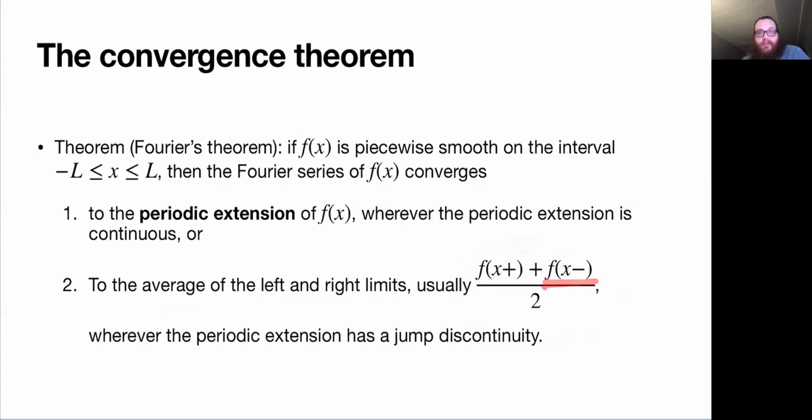This is the left limit, you're approaching x from below. And then you're taking the average of those two values. So this is a theorem. Generally, wherever your function is continuous, the Fourier series will converge to that function. Wherever the function is not continuous, the Fourier series will converge to the average of the left and right limits.